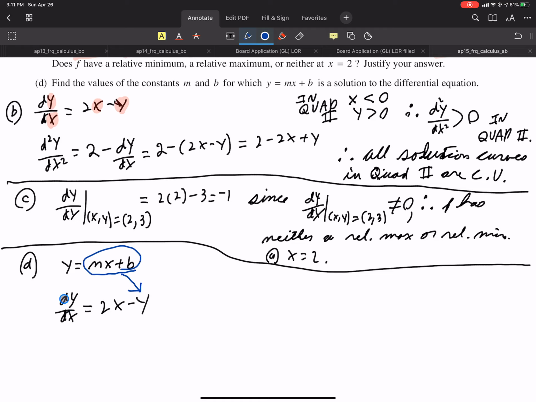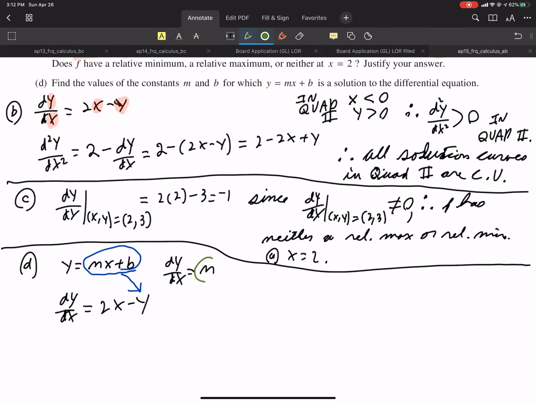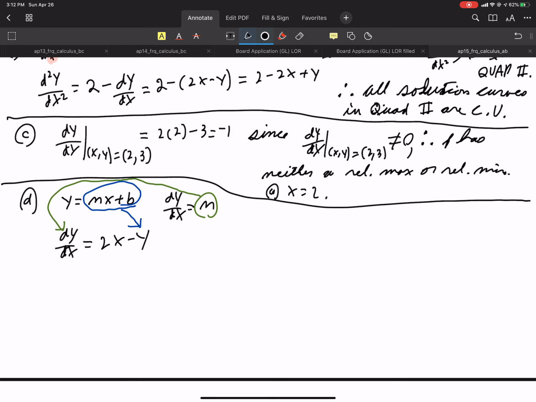But for this, we need to plug something in. So what we have to do first is find the derivative, dy/dx, and that's just m. So now knowing that, we're going to plug m right here, because again, that's what it means to be a solution. You plug it in. So let's do that and see what happens. m is 2x minus y. So here's what's happening.